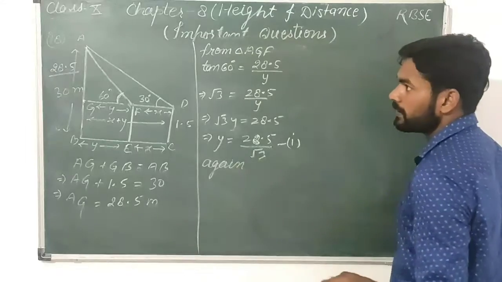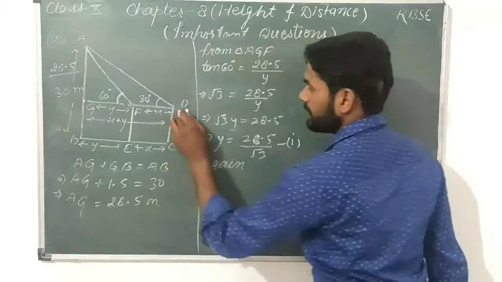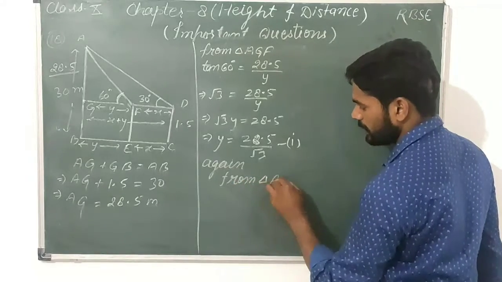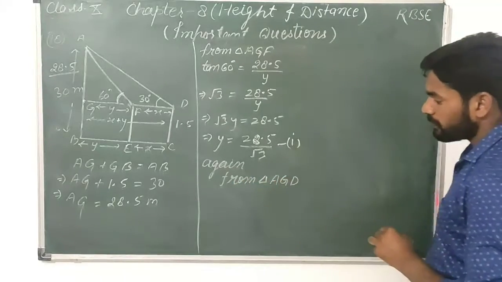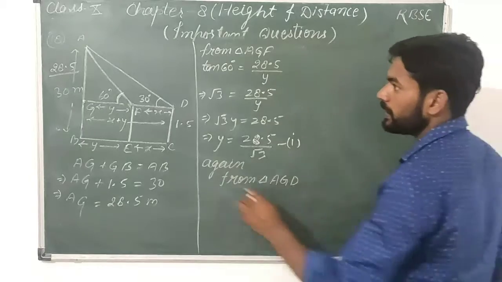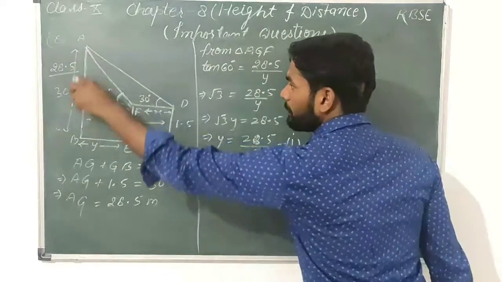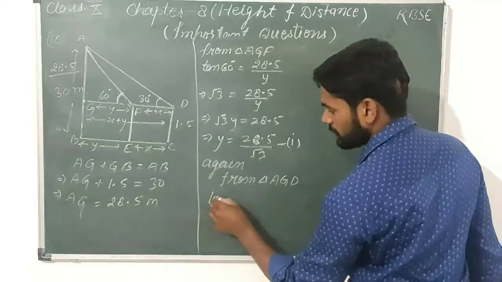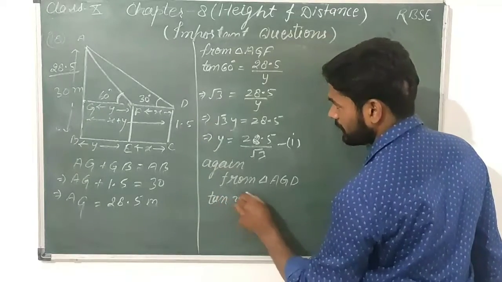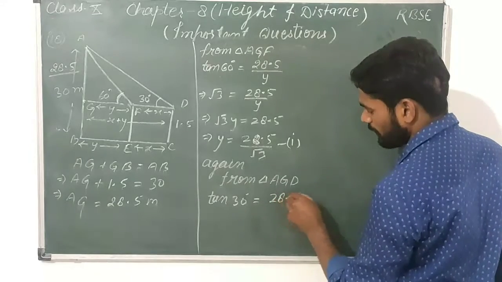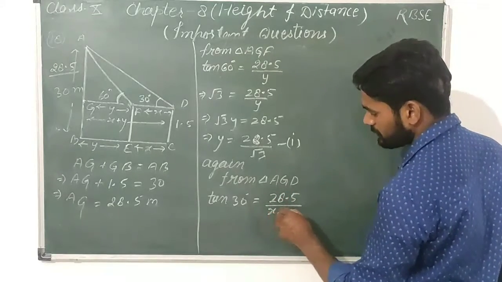Again from triangle AZD, theta is 30 degree and perpendicular and base are given, so tan 30 degree is equal to perpendicular 28.5 and base is x plus y.